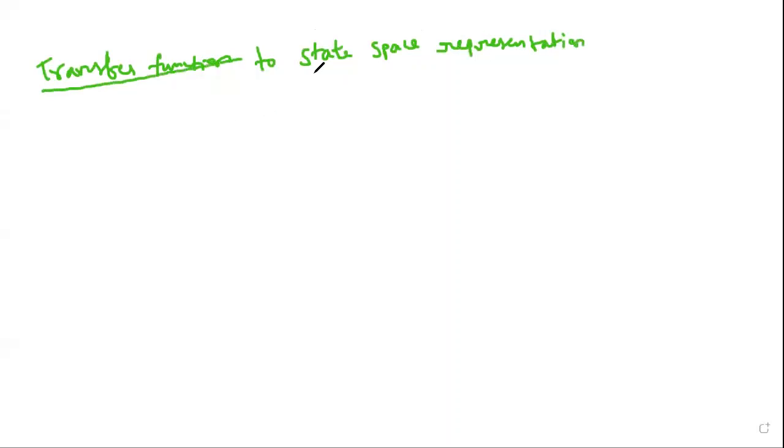Right. So state space representation. Take the problem.